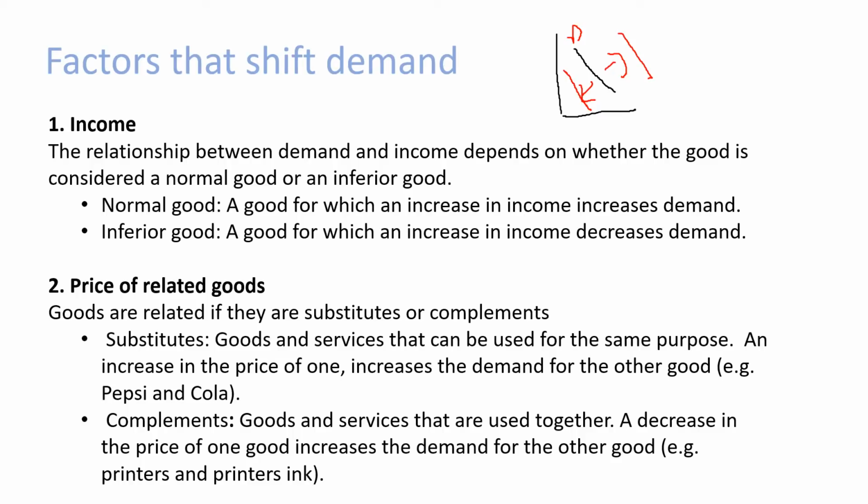For example, if your income decreases and you need to buy a car, are you going to buy a brand new car or a second-hand car? By default, you will buy a second-hand car. So the demand for this type of product, the inferior goods, will increase when your income decreases, but the demand for normal goods will increase when your income increases.